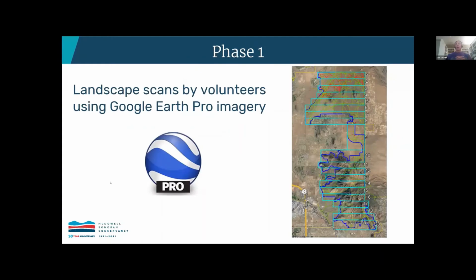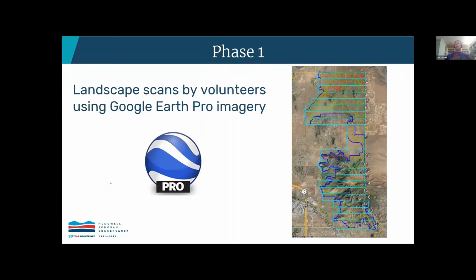We started phase one using Google Earth and multiple stewards scanning defined areas within the preserve on Google Earth. The reason that we used Google Earth was, first of all, it's free and anybody with an internet connection can use it. You can create polygons and points and lines on it. The things that you note on Google Earth can be transferred to GIS software.